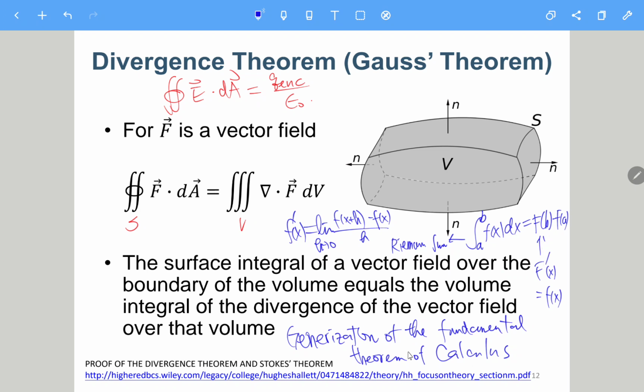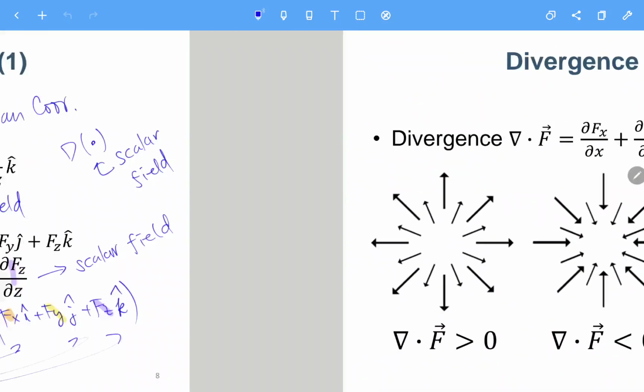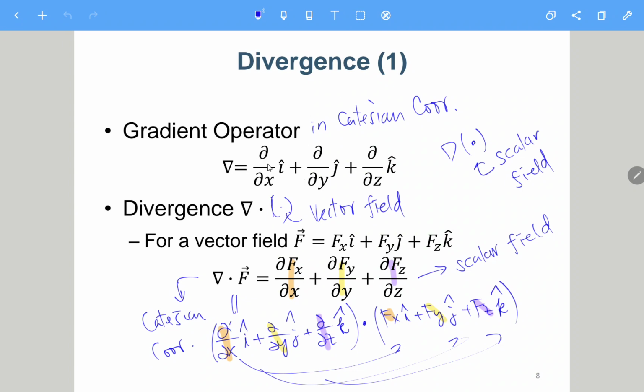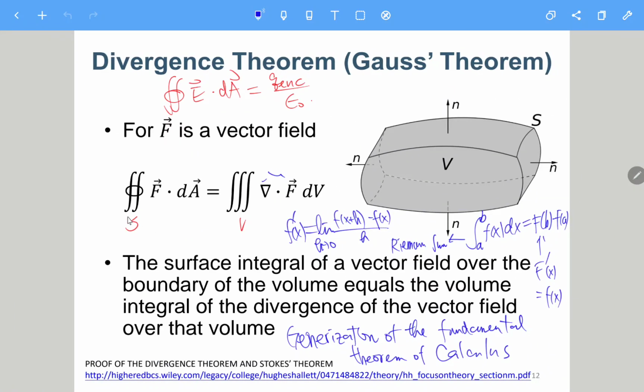And actually, this is the generalization of the fundamental theorem of calculus in 2 dimensions and 3 dimensions. So we have a double integral here, and a triple integral here. But this one, the divergence, is like a first derivative. So you have a double integral and a triple integral, but one of the integrals can be cancelled with this first derivative.